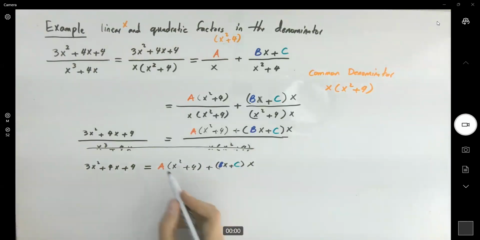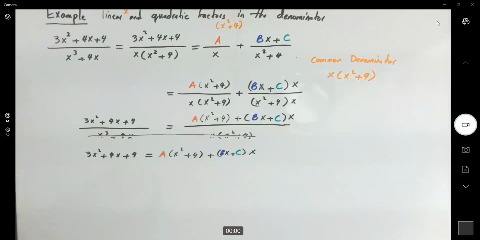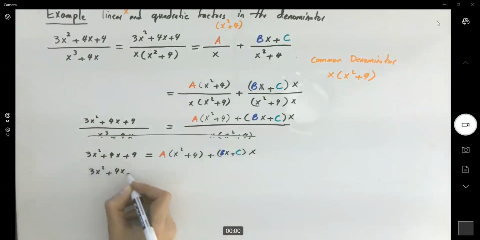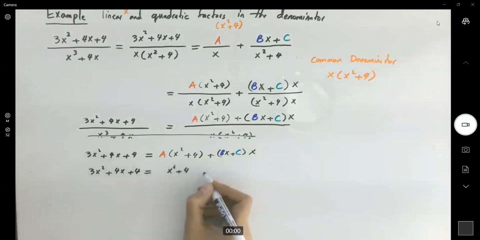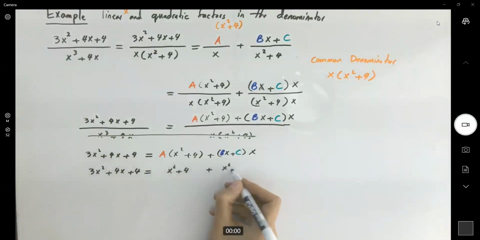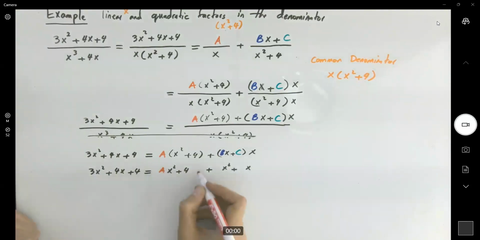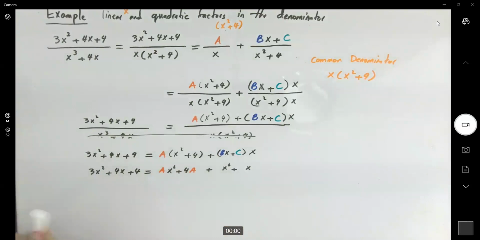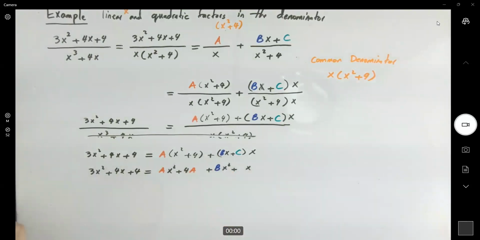There we go. So let us distribute a into parentheses, x into parentheses, and do whatever we did before, setting up a system. 3x squared plus 4x plus 4 equals ax squared plus 4a plus bx squared plus cx.